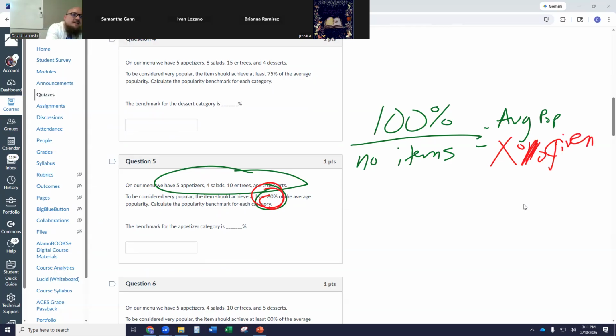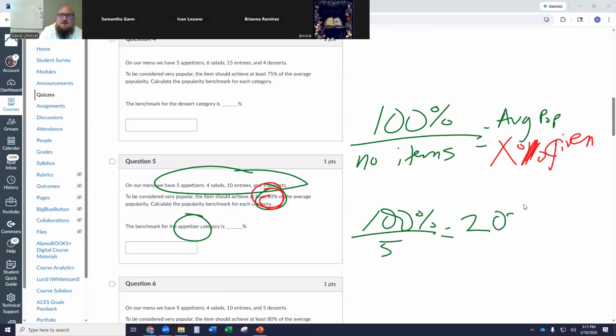So in this case, if we're looking at appetizers for question 5, what's 100 divided by 5? 20%. That's my average. And now I'm going to multiply by 0.80. And what is my answer?